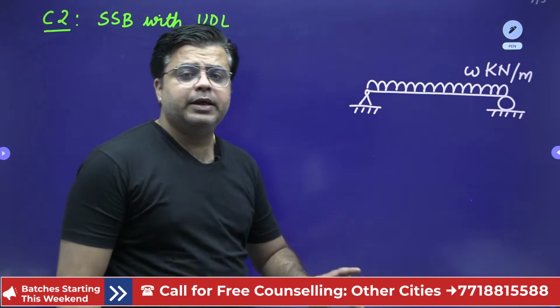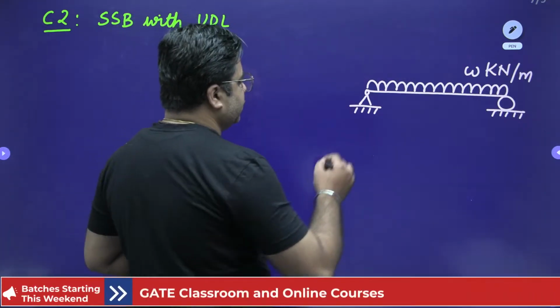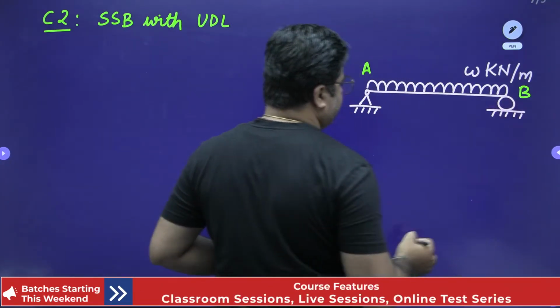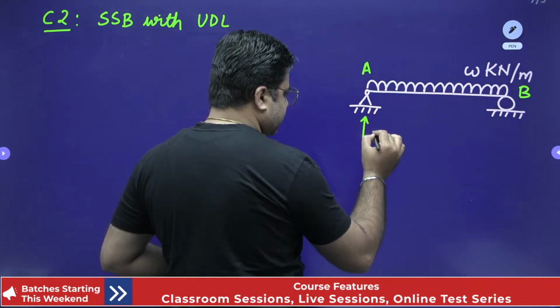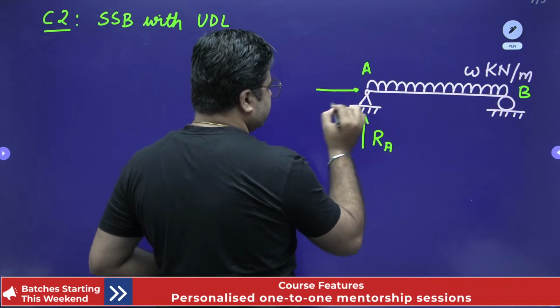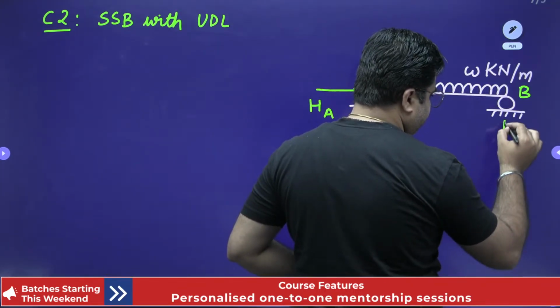Again, for this beam, step number 1 is simple: calculate the support reactions. First of all, this is my point A and this is my point B. This support reaction is RA and this one is HA. This support reaction is RB.